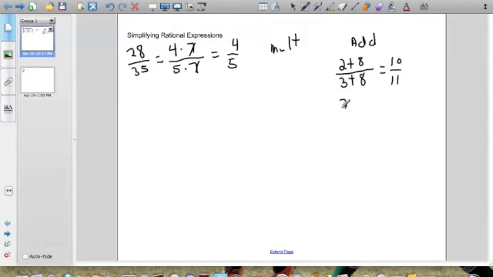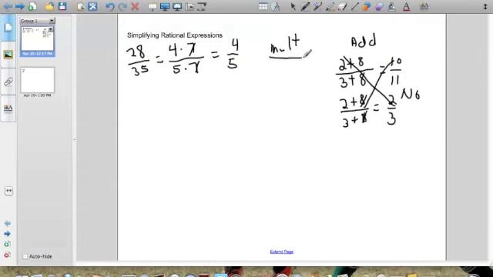If I just say, I'm going to cancel out these 8s, you can't do that with addition because you won't get the same answer. When I cross out the 8s, I get 2/3. Does 2/3 equal 10/11? The answer is no. So this is false. You can't do this with addition. You can't cross things out.